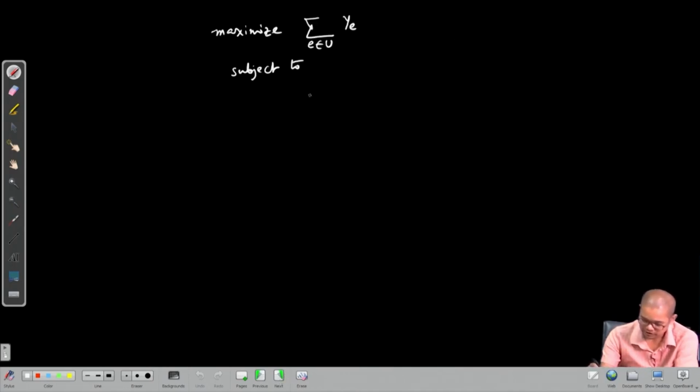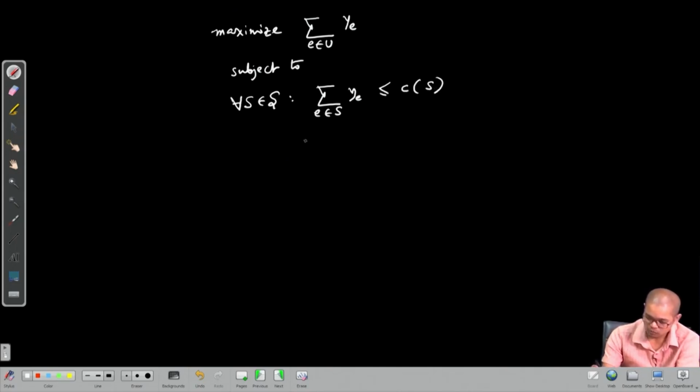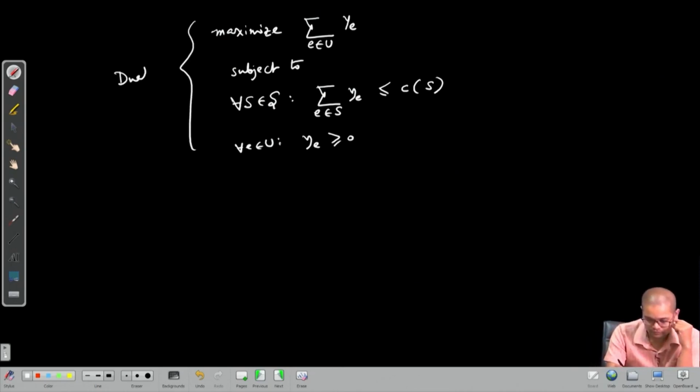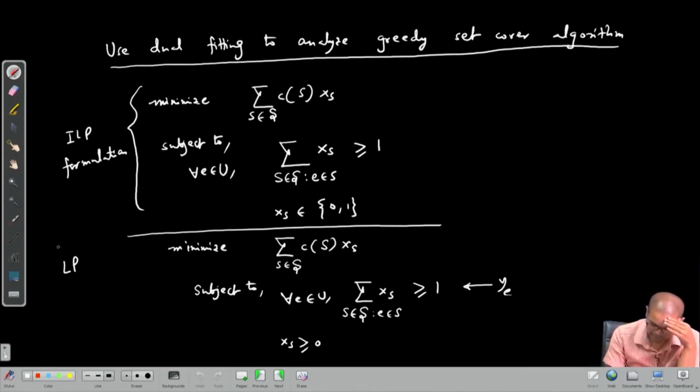So, the constraint is, for all sets S in calligraphic S, we have summation e in S y_e is less than or equal to c_S, and we have y_e greater than or equal to 0 for all e in U. This is the dual LP, and this one is the primal LP.